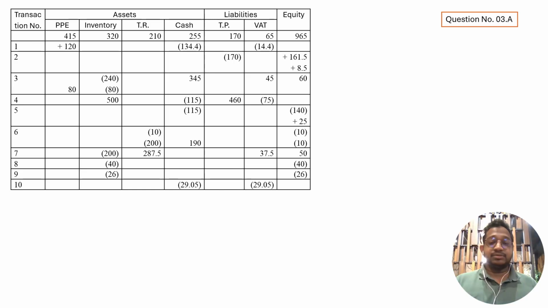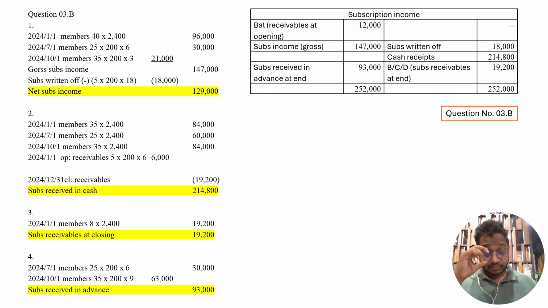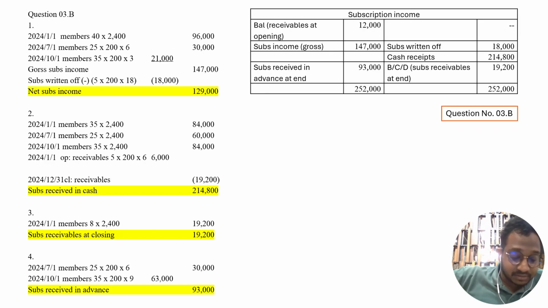And the question 3b. Question 3b is given about the non-profit organization, but here I only considered the subscription income. And there are 3 points of information given, and from those you have to find out the required cases.